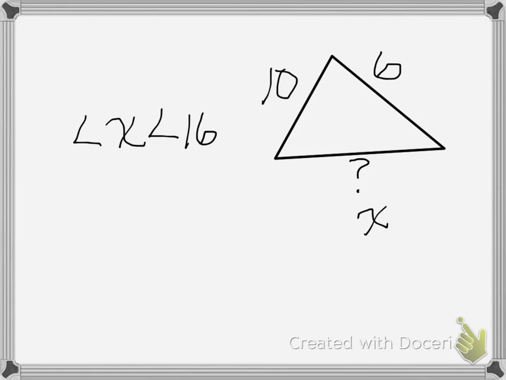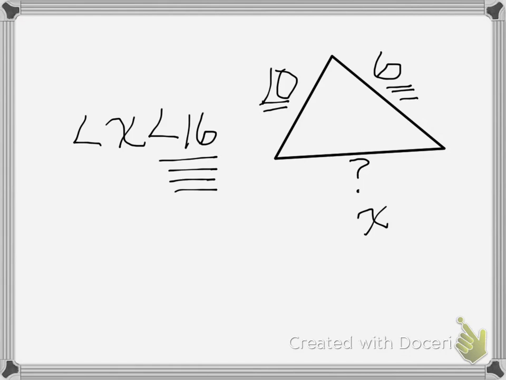When you add the two sides that you have been given, that sum has to be greater than the missing side. Since that sum is 16, the missing side must be less than 16. That's where I'm getting this piece from. Now that's assuming that the missing side is the biggest side. What if it's the smallest side?